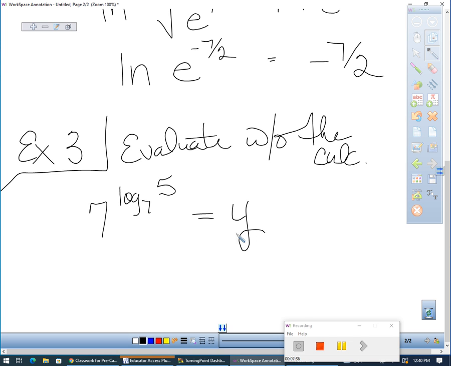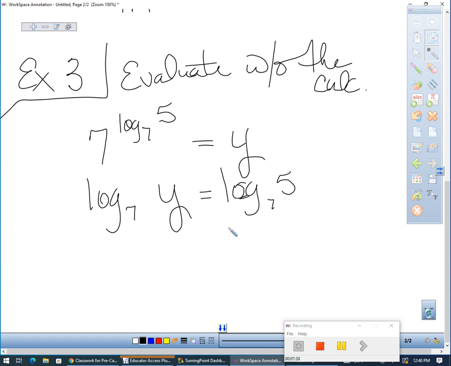So then I'm going to rewrite this exponential in log form. In log form, I have log. Base. The base to the exponent is the base of my log of y equals the exponent, log base 7 of 5. Correct. So y equals 5. Because that becomes a 1-to-1 function, right?